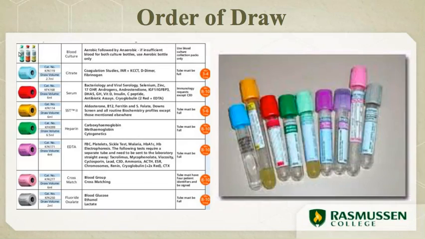So the correct order of draw is kind of what you see here, except for the fact that you would use yellow or blood culture bottles first, then light blue top tubes, red tops, red marbles, greens, light greens, lavenders, pink, white or royal blue, gray or dark blue are last.